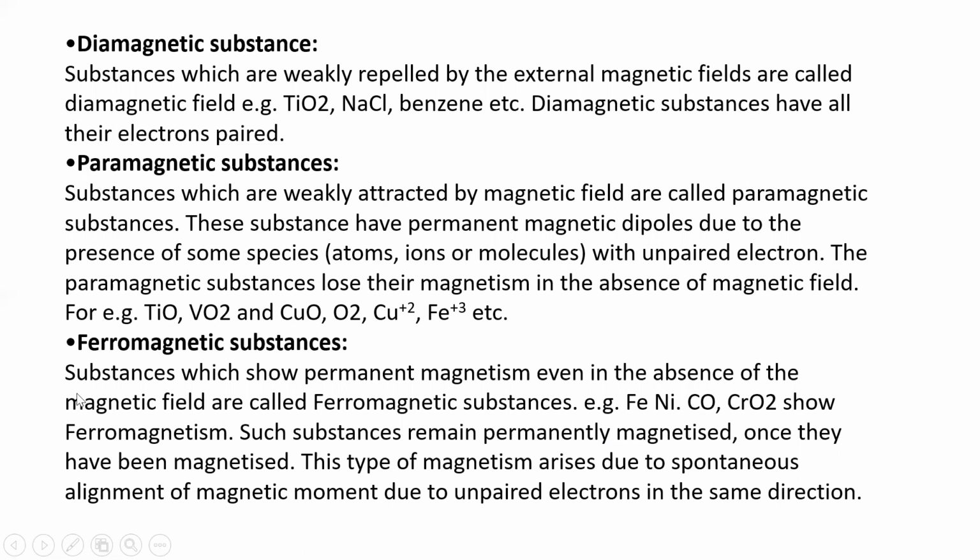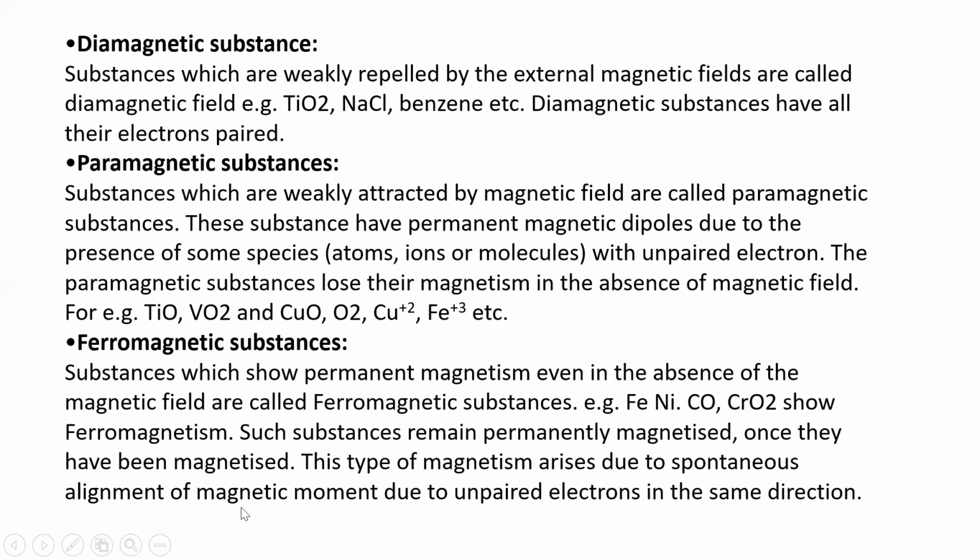Next, coming to ferromagnetic substances, those which show permanent magnetism even in the absence of a magnetic field are called ferromagnetic substances. Examples: iron, nickel, cobalt, chromium oxide, etc. Such substances remain permanently magnetized once they have been magnetized. This type of magnetism arises due to spontaneous alignment of magnetic moments.